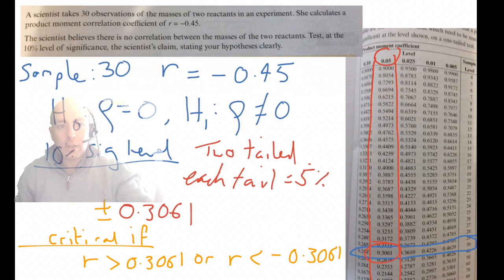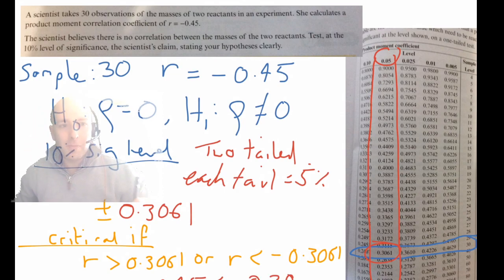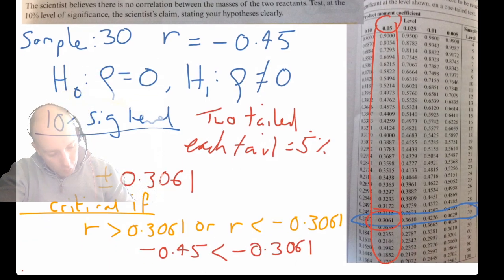So if we look back at the question, the R value that they found from their sample was minus 0.45. Now that is more critical than 0.3061. So we can say minus 0.45 is less than minus 0.3061. I've run out of room.